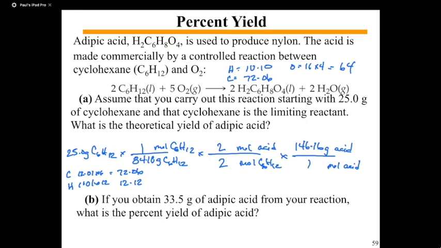Okay, now let's go for it. 25 divided by 84.18 times 2 divided by 2, don't have to do that, times 146.16, 43.41 grams of the acid.